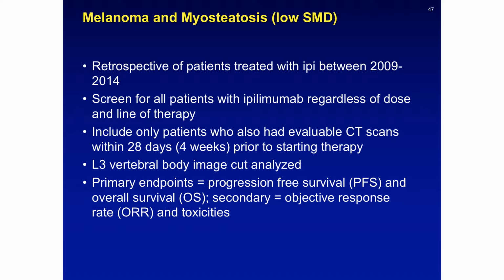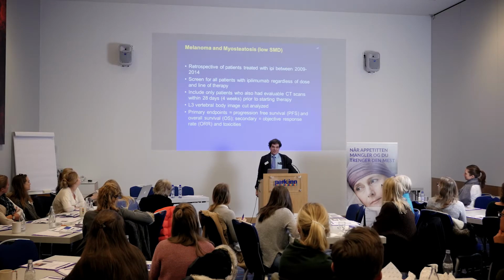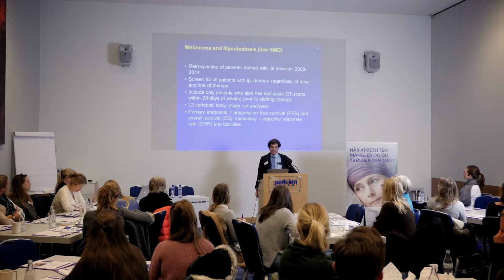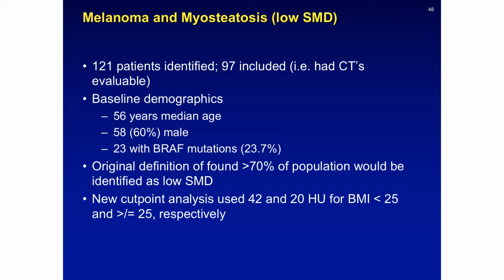And we were very much involved in the very earliest trials of ipilimumab for malignant melanoma in metastatic disease. So from between 2009 and 2014, we were treating patients. We found 121, 97 of them had CTs.